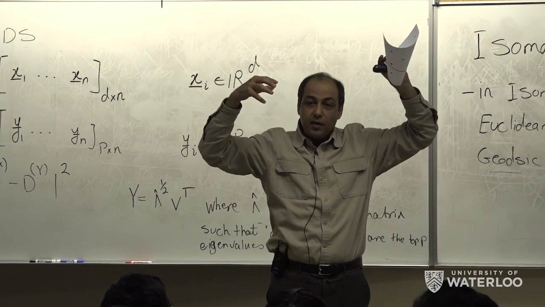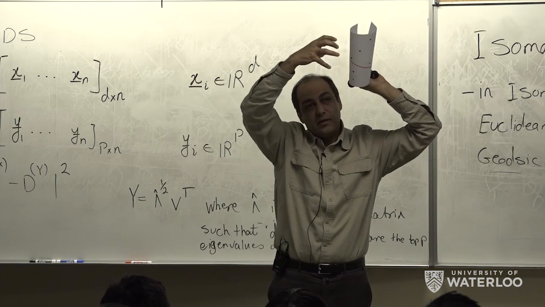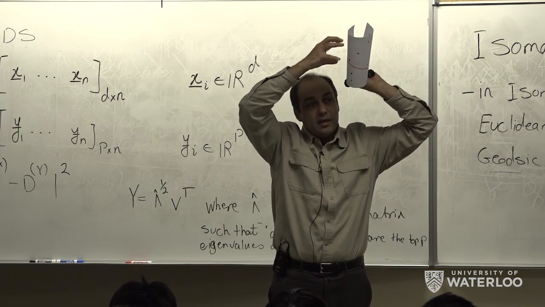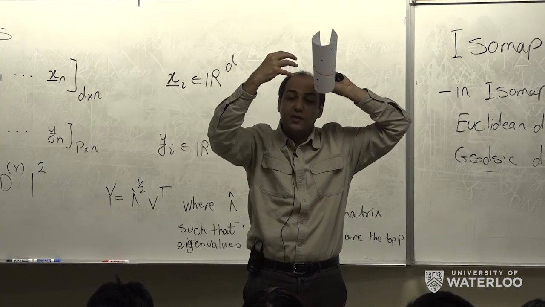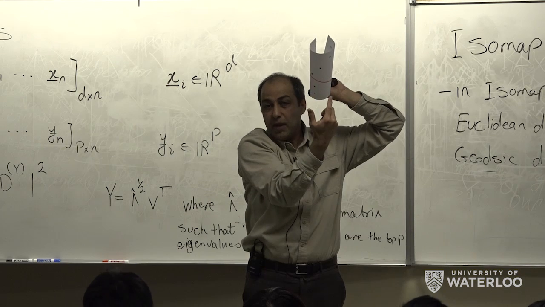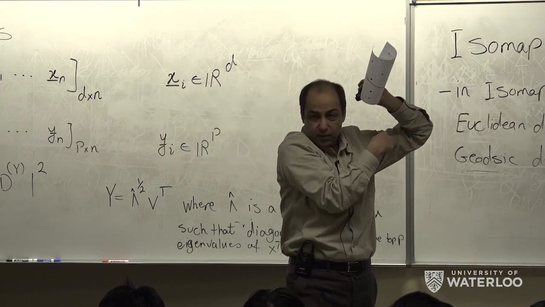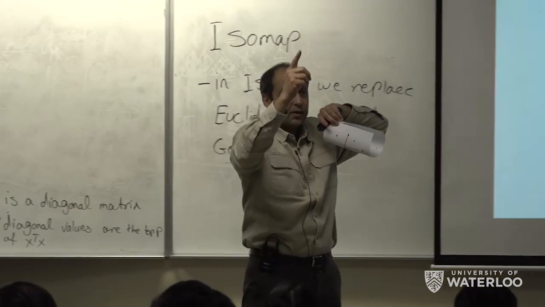There are regions of the high-dimensional space where the data is dense, and there are regions where the data is sparse. It's as if you have a hole sometimes in the manifold. And then you have a problem with Isomap. But we're going to see algorithms that address this as well.